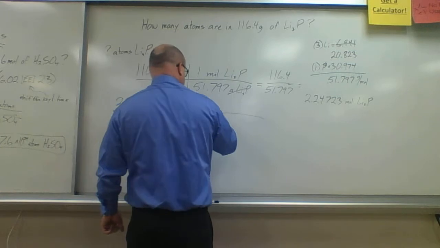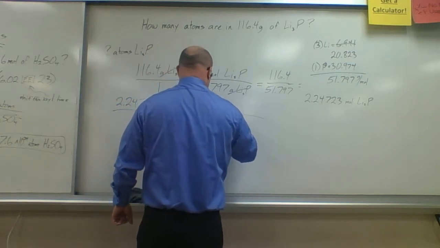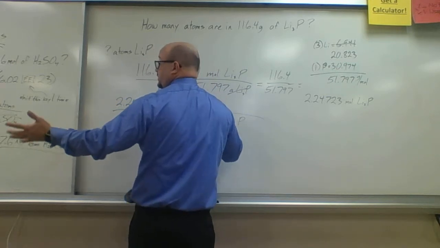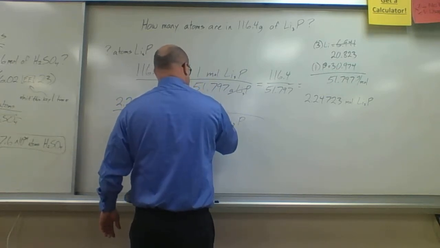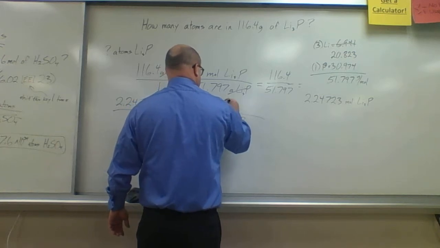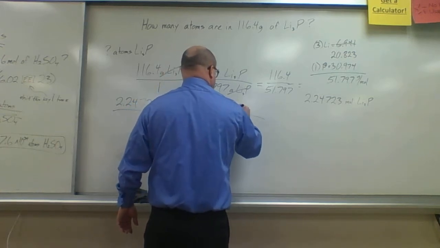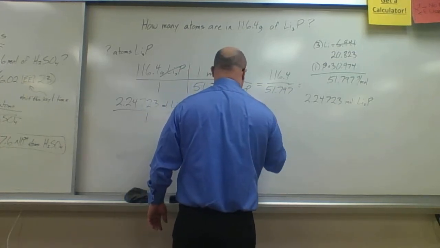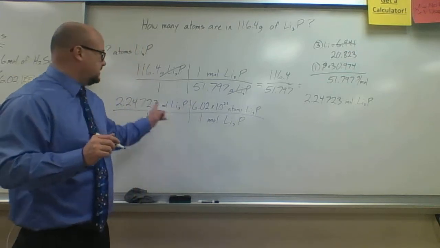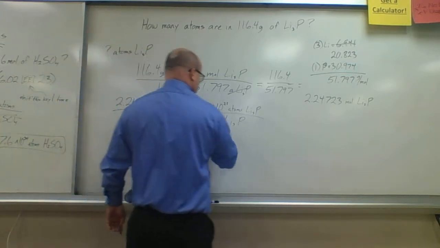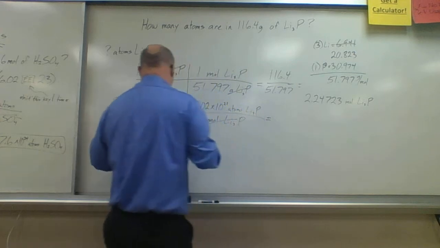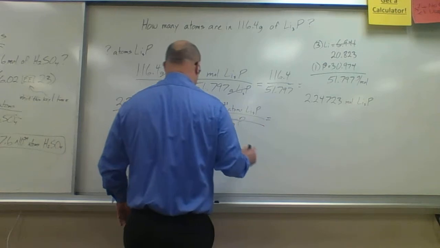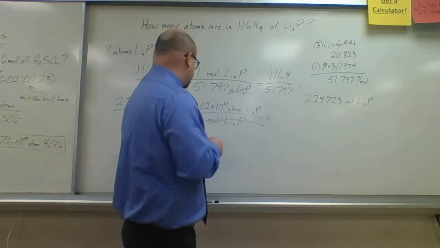So 1 mole of lithium phosphide is Avogadro's number again: 6.02 times 10 to the 23rd atoms of lithium phosphide. Cancel out your units, so in this case, moles, they're gone. The bottom, 1 times 1 is 1, so we're going to ignore that.